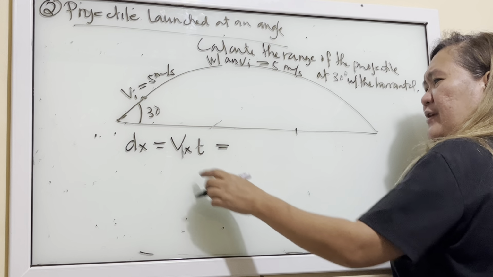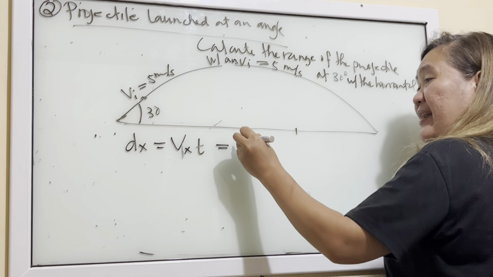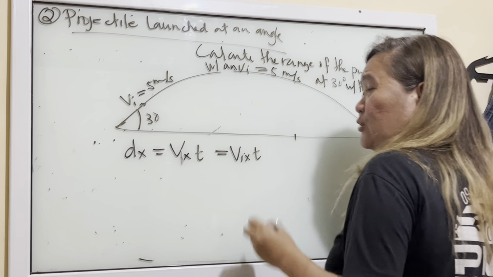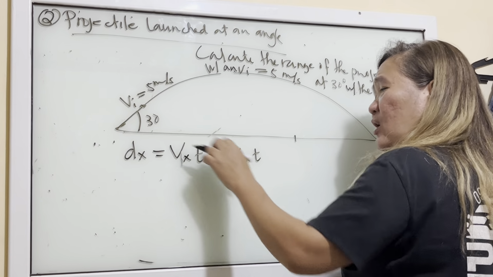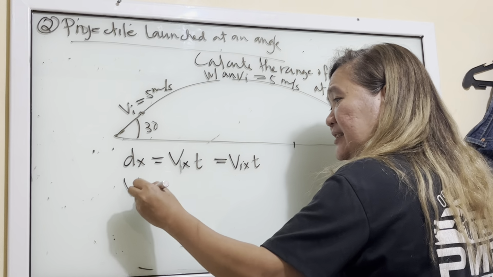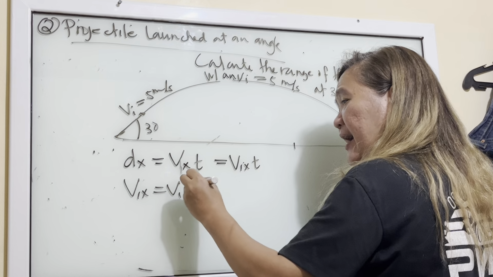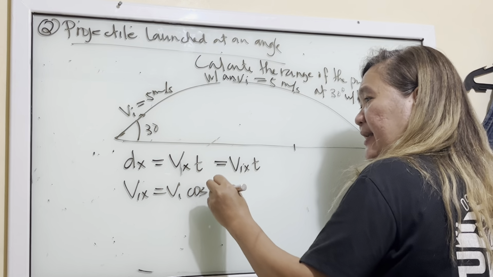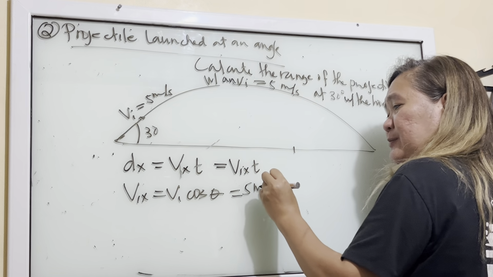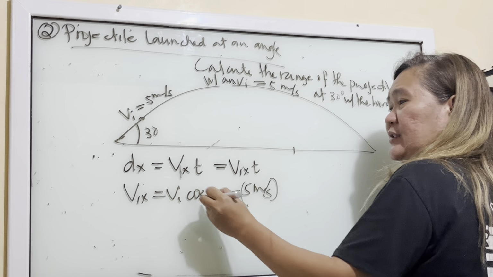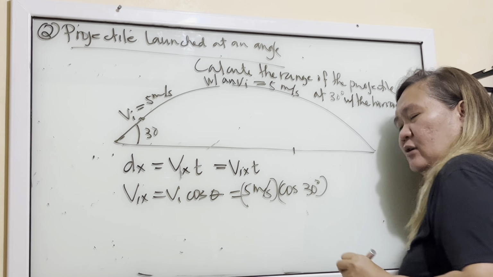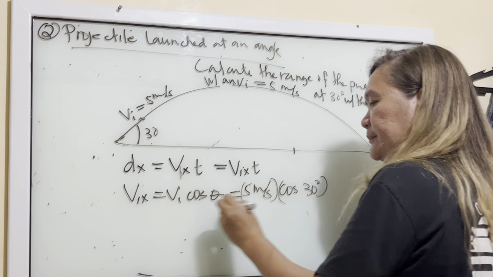Your Vx is equal to your V sub Ix, right? So, magiging V sub Ix t. And remember, ang sabi ko sa inyo kanina, pagka ganito, unahin nyo munang isolve ang V sub Ix ninyo. So, V sub Ix is equal to V sub I cosine theta, which is equal to, your V sub I is 5 meters per second times cosine 30 degrees. Ano natin dito? Sagot natin.